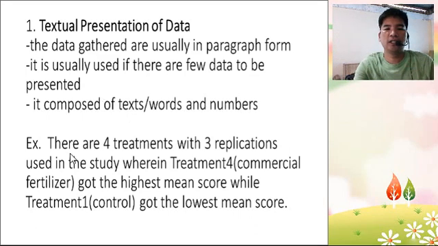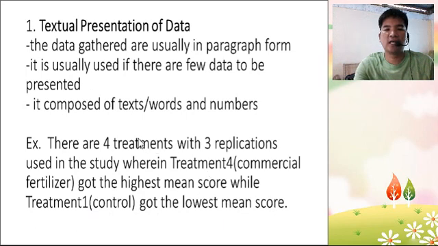For example, here is data written in textual form. You just simply make a paragraph similar to this one. There are 4 treatments with 3 replications used in this study, wherein treatment 4, commercial fertilizer, got the highest mean score, while treatment 1, control, got the lowest mean score.